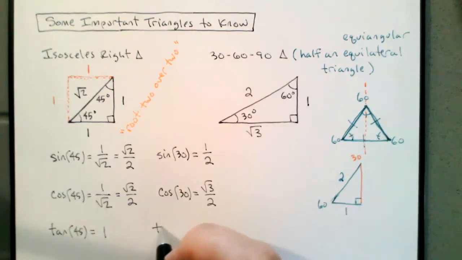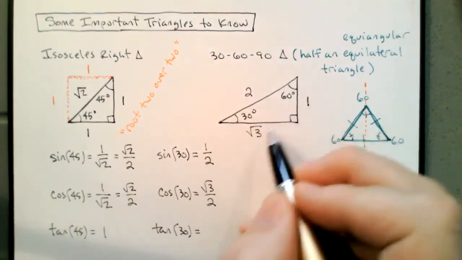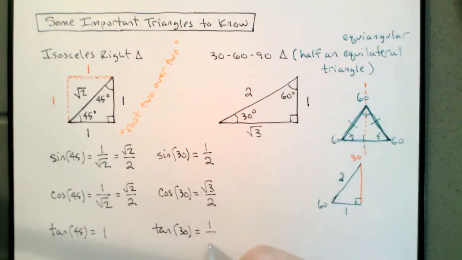The tangent of 30 is opposite over adjacent, which is 1 over the square root of 3. We will often see this in its rationalized form. So instead of 1 over the square root of 3, we'll have square root of 3 over 3. And we will probably mash that together in a mumble, root 3 over 3.